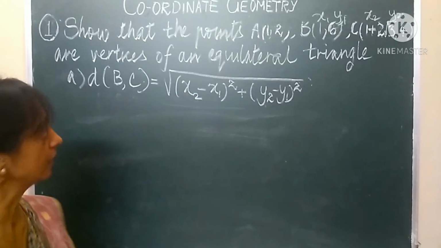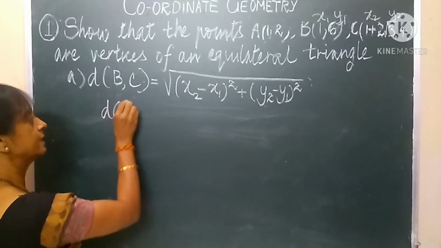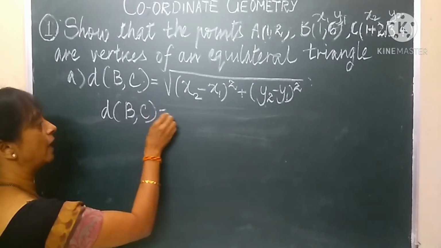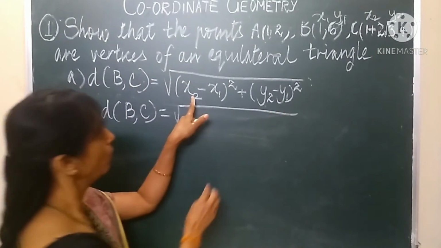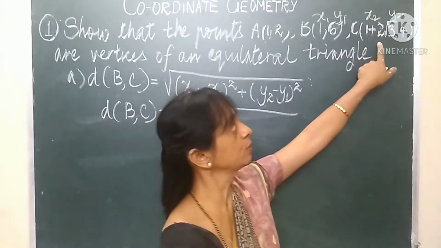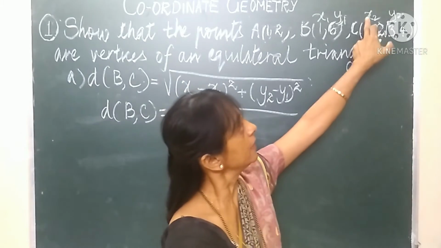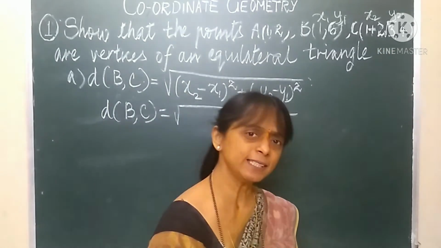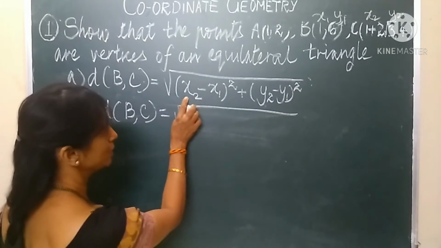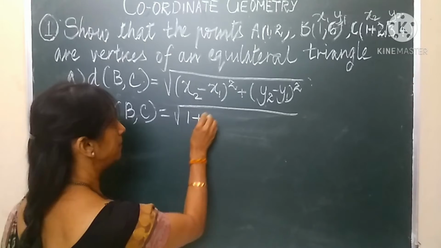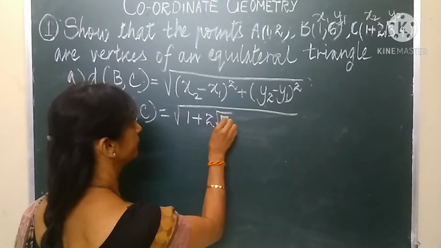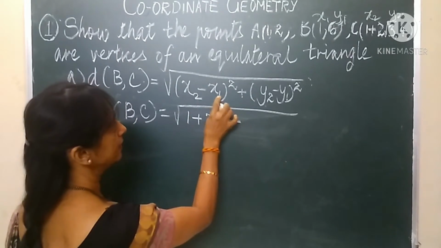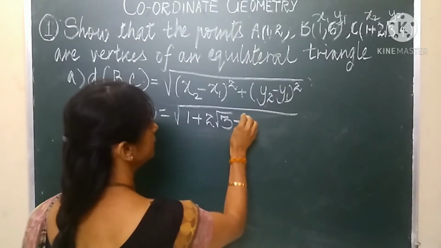So to begin with the calculations, the first part is substitution after writing the formula. What is x2? Now if you look into the coordinates of point C, x2 is a binomial, 1 plus 2 root 3. So let's be careful when we are substituting. So x2 is 1 plus 2 root 3 minus x1 is 1.